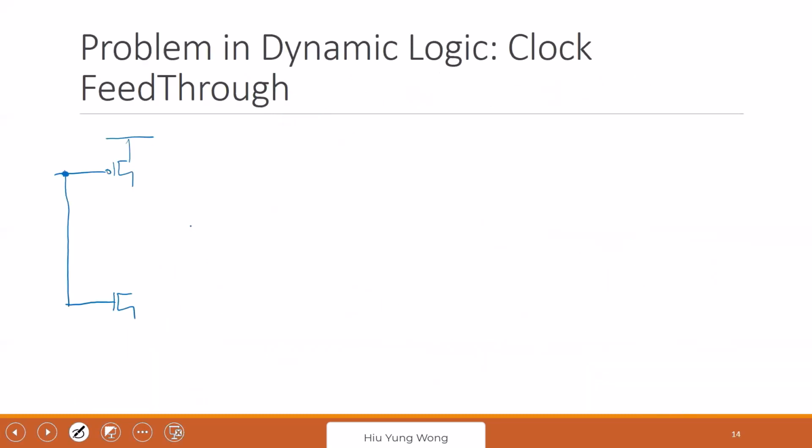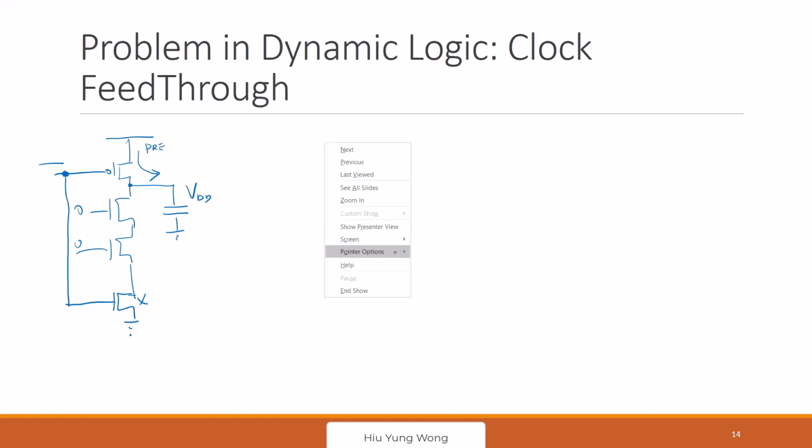So the problem is the feedthrough, let me talk about the feedthrough. For example, let's say this is a NAND gate, this input is 0, this is 0. During evaluation, this is VDD. First of all, you charge up, and this is off. This is the pre-charge state.